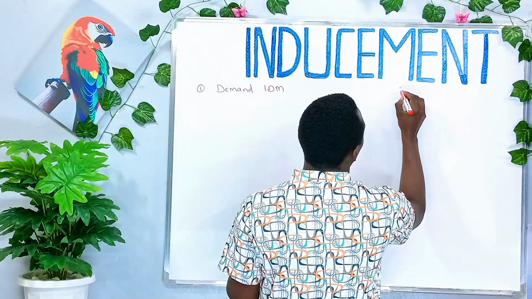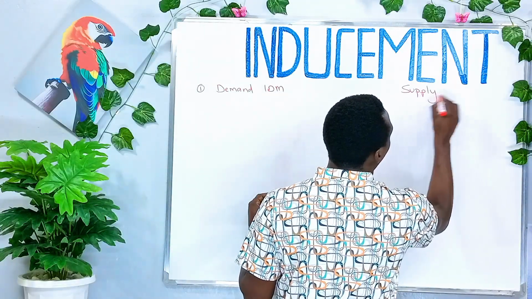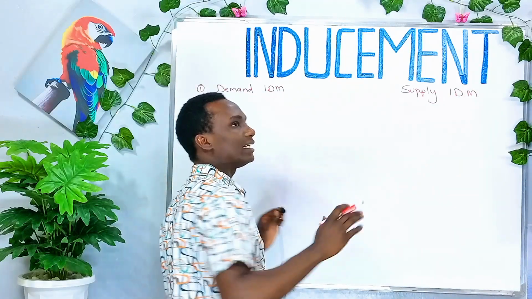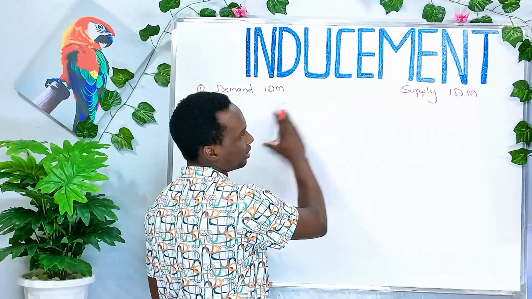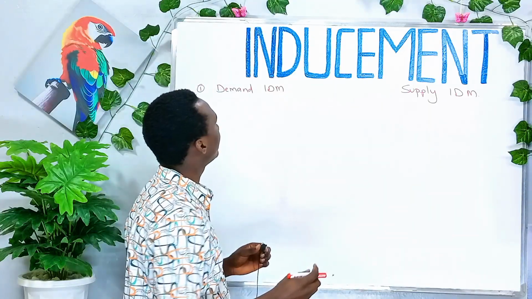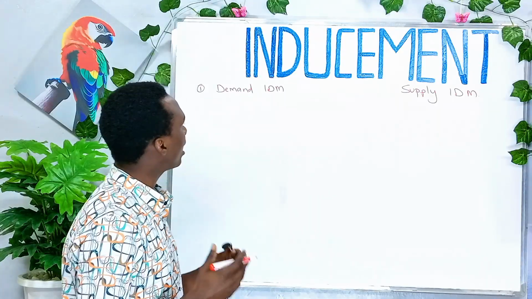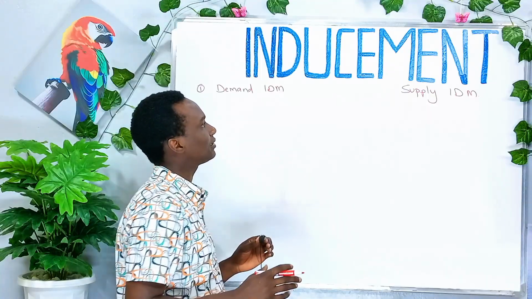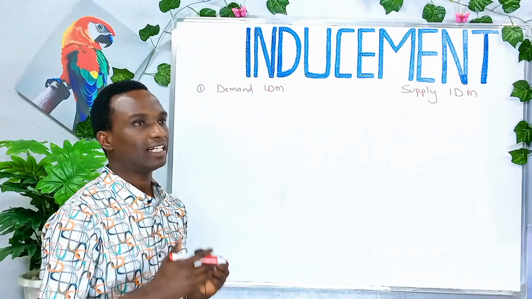And here we are talking about supply IDM. We have said that demand inducement happens in an uptrend. Supply inducement, we expect it to happen in a downtrend. Okay, so with illustrations, we are going to look at this type of inducements. We will start with the demand inducement.